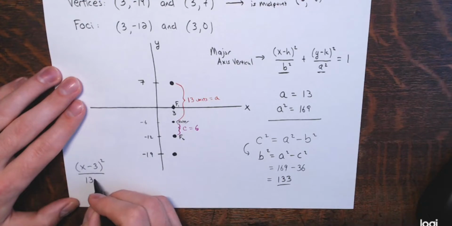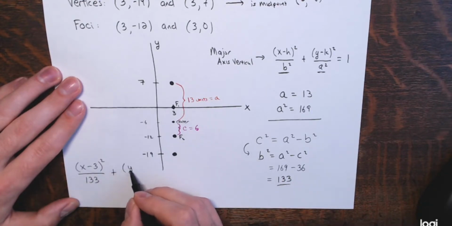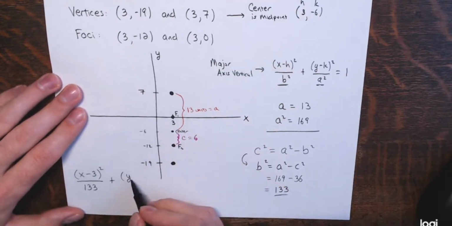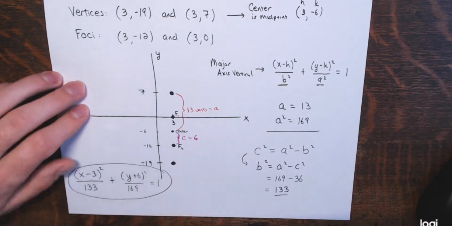Plus (y - (-6)), which would be (y + 6) squared divided by a squared, which we know is 169, equals 1. This is the equation they want.